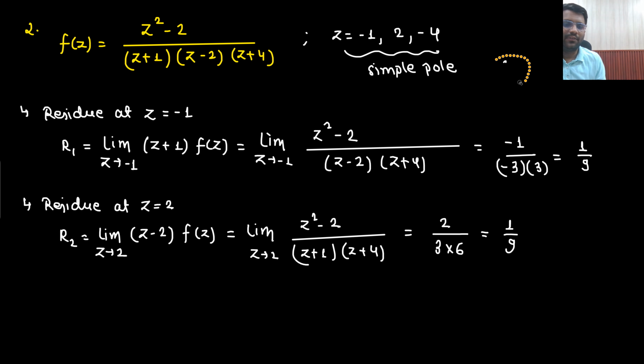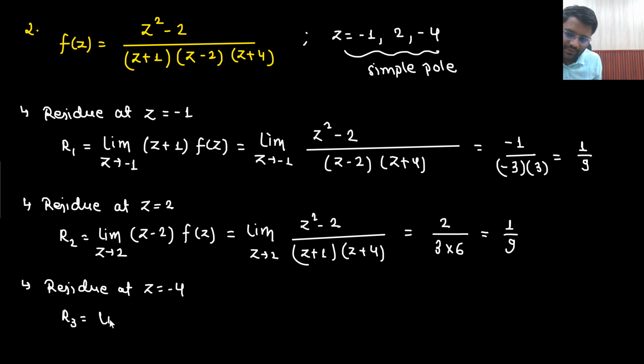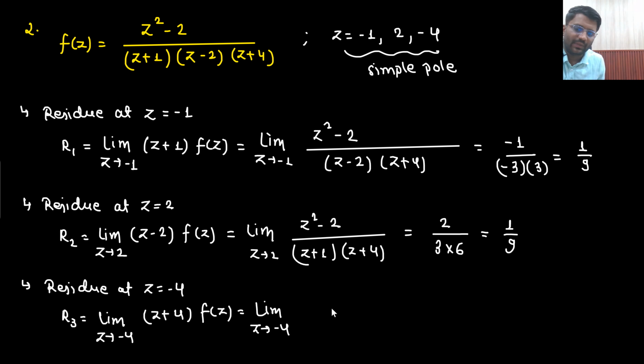But here we are making fair notes, so I will write it down in a fair manner. So the answer would be the residue at z equals minus 4. That would be R3, limit z tending to minus 4 of (z plus 4) f of z. The z plus 4 gets cancelled out, z tending to minus 4, you need to put, so minus 4. 16 minus 2, or let's write down this factor, z plus 1 into z minus 2.